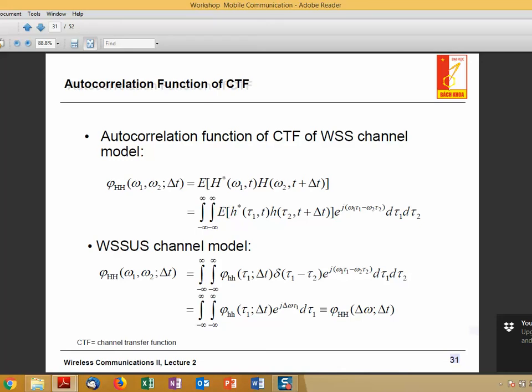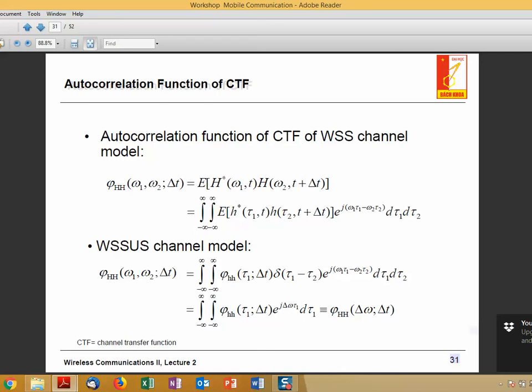There are two keywords. One is the channel impulse response, and the other is the channel transfer function. They are connected by the Fourier transform.